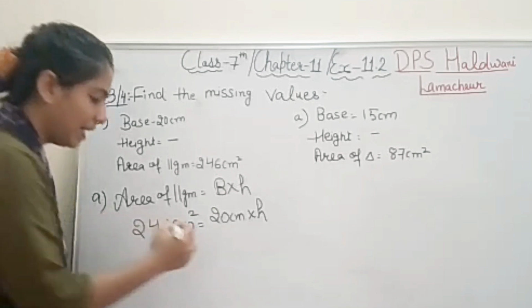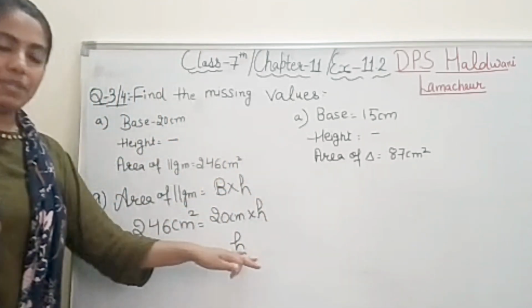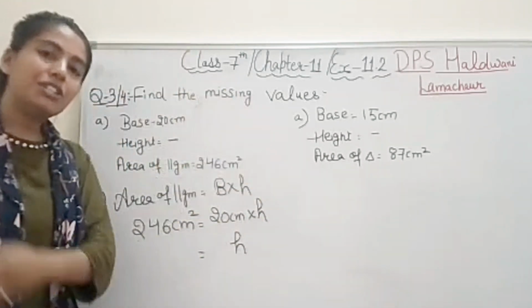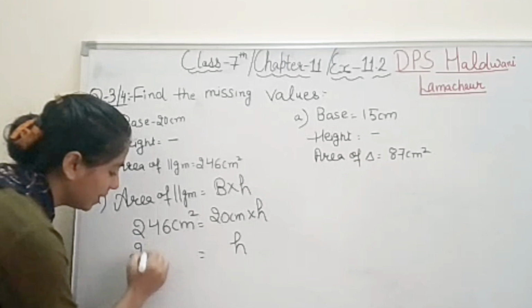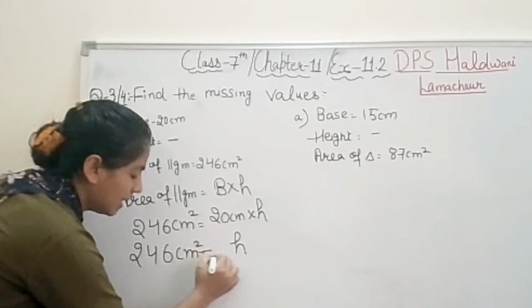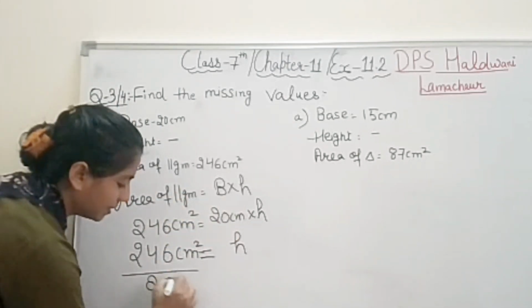Very simple: the term you need to find out will remain on the same side, and the rest of the terms will shift, changing side. So 246 centimeter square divided by 20 centimeter.